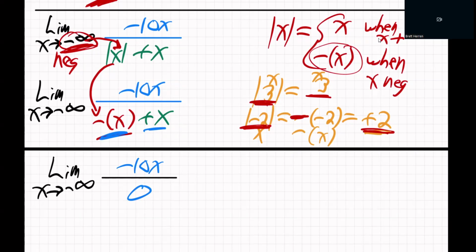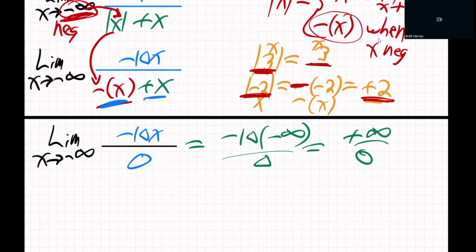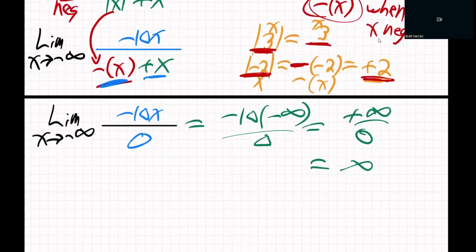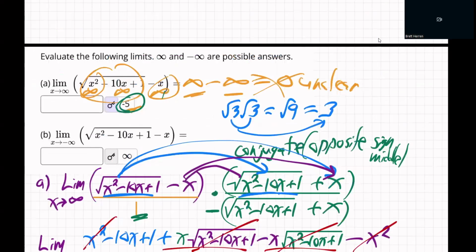And then we're going to plug into the top up there, negative infinity. So we're going to have -10 times negative infinity over 0. Two negatives make positive infinity over 0. What does that mean? That's just big old infinity.